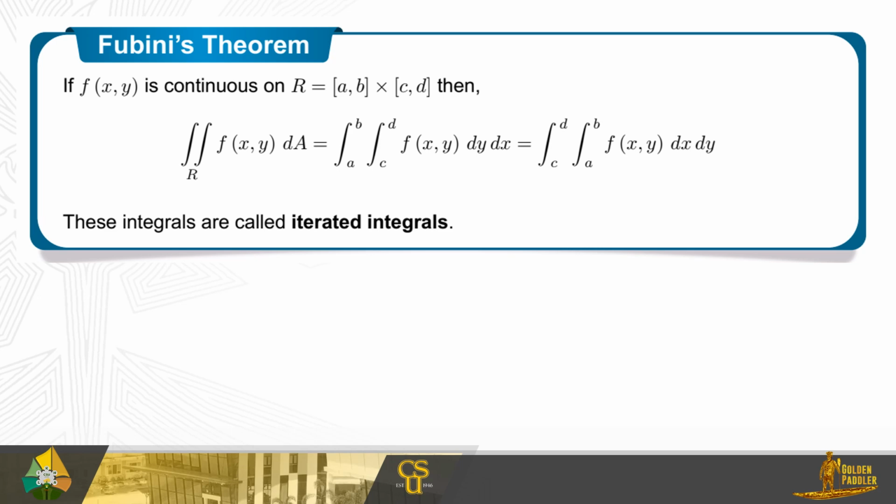So you can integrate with respect to y first, then with respect to x, or you can also do it with respect to x, then with respect to y, assuming that the function f is continuous over the region.